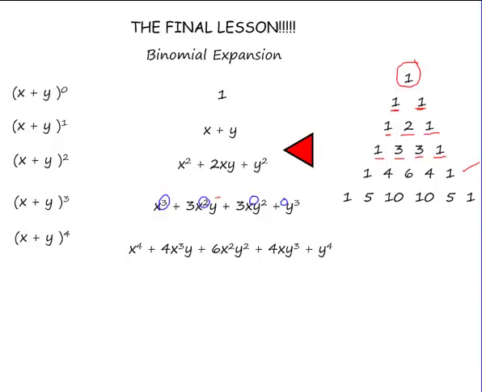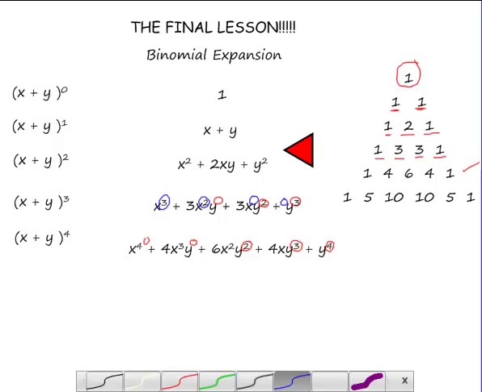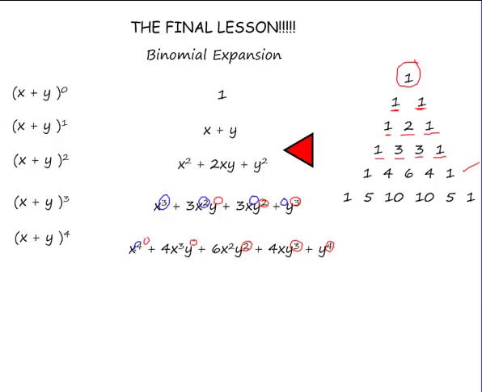None, 1, 2, 3. If I look at the y's here, none, 1, 2, 3, 4. So they go up in order. And my x's go down. 4, 3, 2, 1, none.